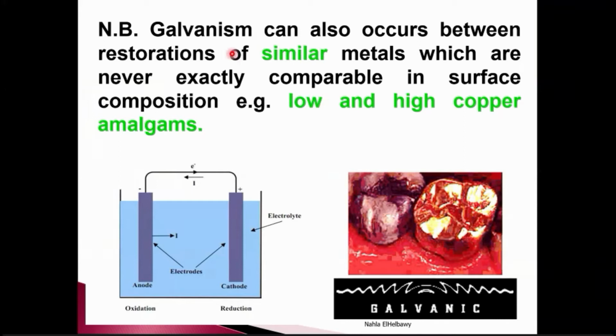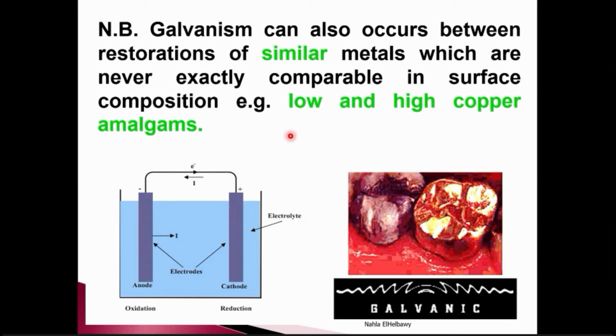And the same mechanism acts for galvanism or galvanic corrosion, which is due to metallic restorations. We get galvanism because the electric potential of every metal is different. So one metal has low potential and the other metal will have high potential. So the current will flow from one potential to the other potential to cause corrosion.